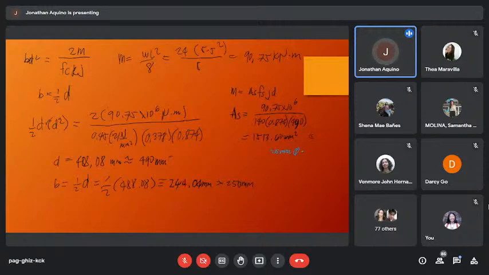So let's say we use 25 millimeter diameter bars. So for 25 millimeter diameter bars, ang area niya is 490.87 millimeter squared. So the number of bars N is just simply AS over AS of 1 bar.